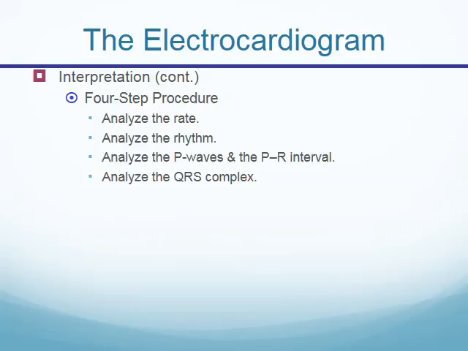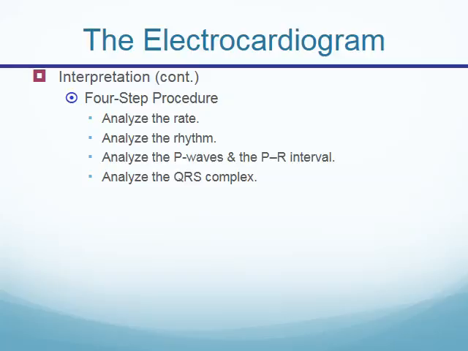Right now we're going to talk about a 4-step procedure for identifying the rhythm. As we look into 12-lead EKGs, we're going to adjust that 4-step procedure into a 7-step procedure. But for now, whenever we're dealing with simple rhythm interpretation and not the interpretation of the 12-lead EKG, we're going to stick to these 4 steps.